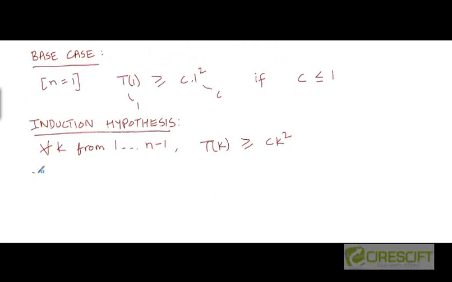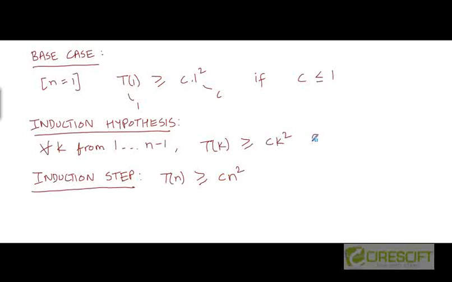And we need to prove in the induction step that the claim holds at n as well. That is, T of n is greater than or equal to C times n squared, this same constant C.